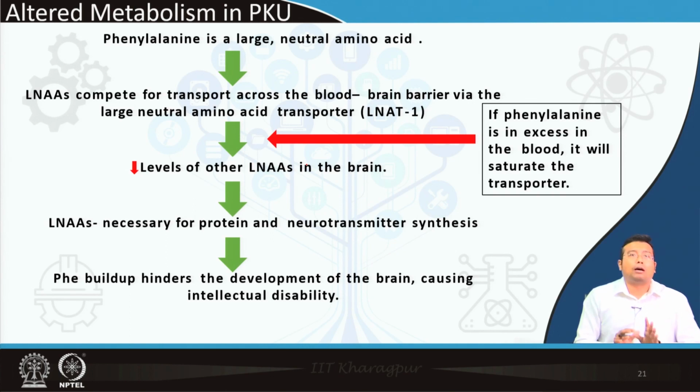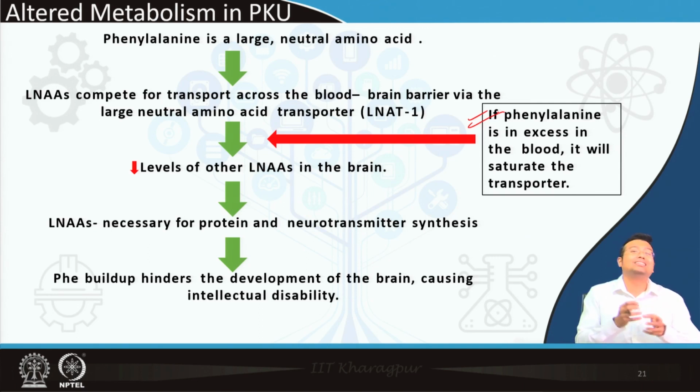Those large neutral amino acids are extremely necessary for protein and neurotransmitter synthesis in the brain, and that will be hampered if excess phenylalanine is present in blood. This ultimately hampers brain development, especially in the growing period, because, mind it, these deficiencies are congenital, inborn errors of metabolism.